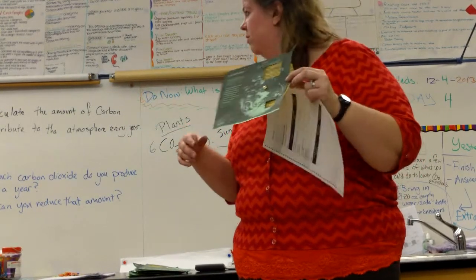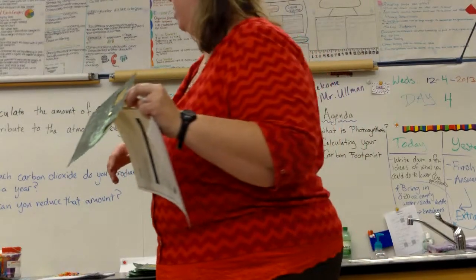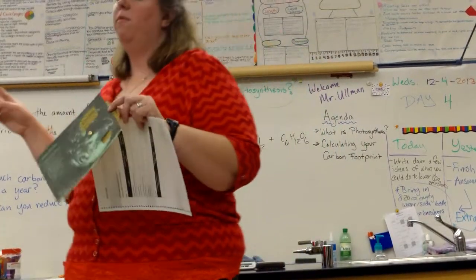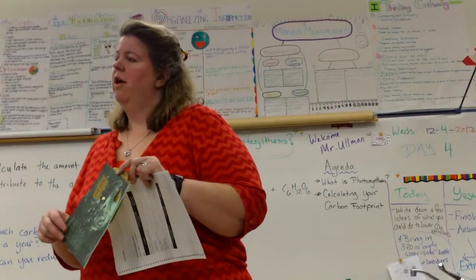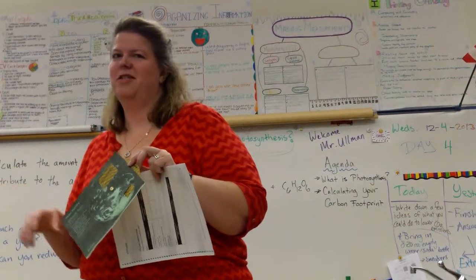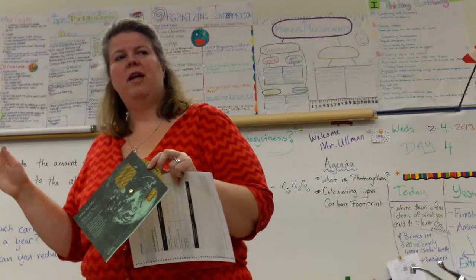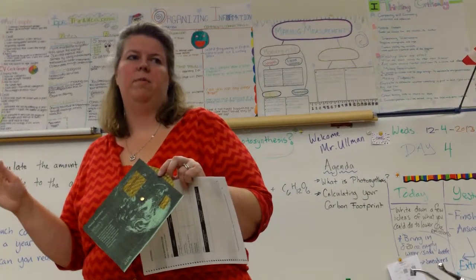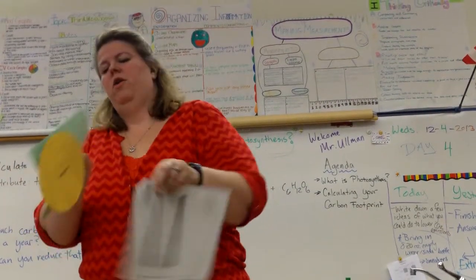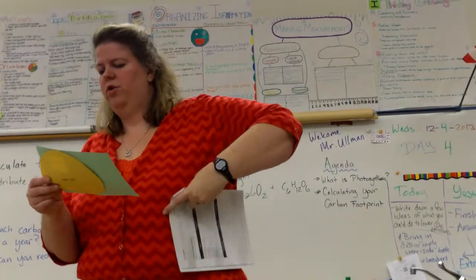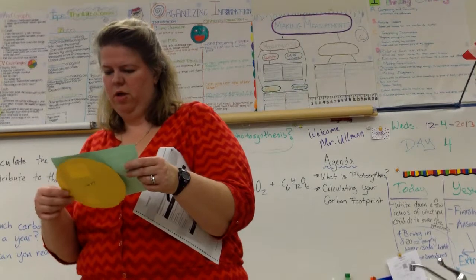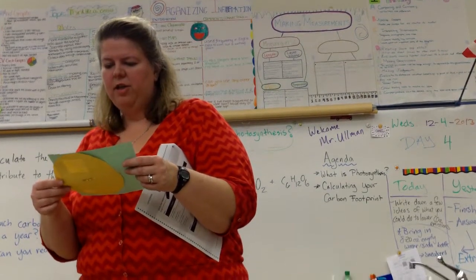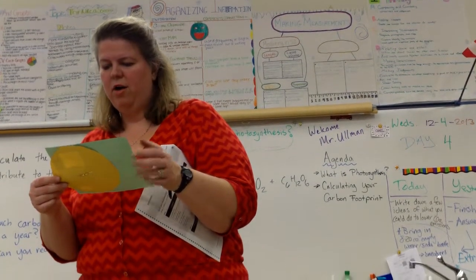So for the first one, how many miles do you drive your car per week? Remember, if you have more than one vehicle, you have to multiply that times the 2 vehicles. I'm not going to use Leon's because that's such a high number. So say your parents drive 250 miles per week. You look at the wheel, you turn to where it says transportation, and it says, on average, how many miles do you put on your car or cars per week?